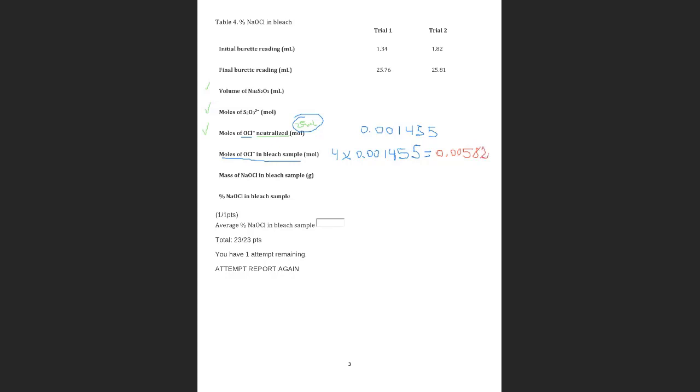So this is the moles of hypochlorite in the 100 ml of the sample, which is the grams that we weighed. And then they're asking, what is the mass? If we have the moles, that's from Chem 1. How do you convert moles into grams? All you have to do is multiply by the molar mass.